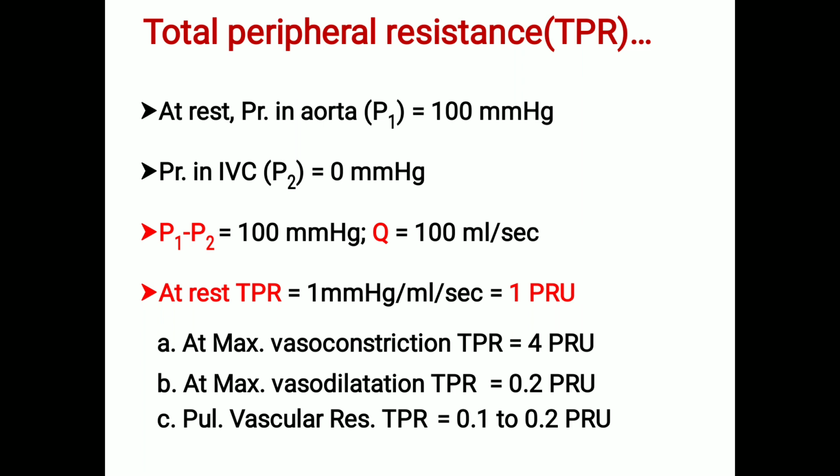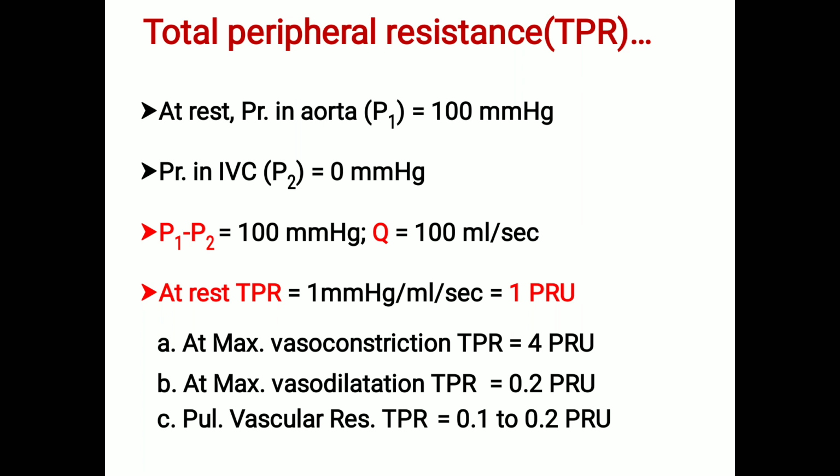So the difference in these two pressures is 100, and the blood flow is 100 ml. So at rest, the total peripheral resistance is 1 millimeter of mercury per ml per second.